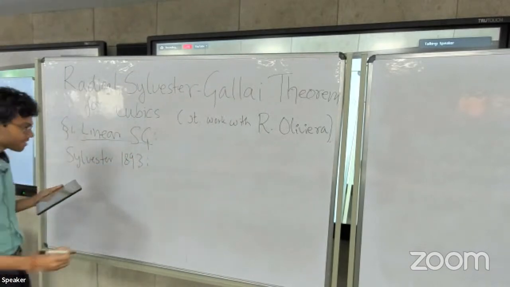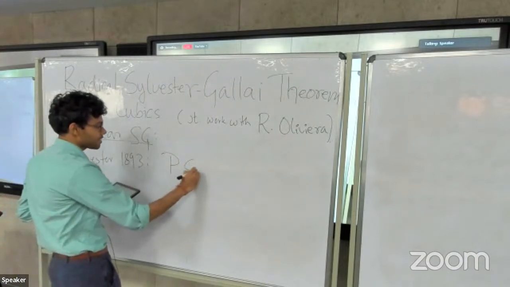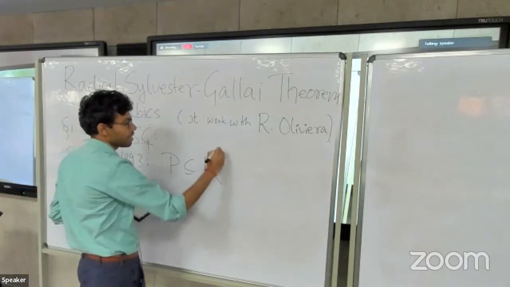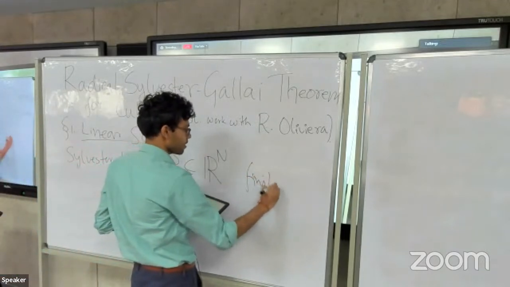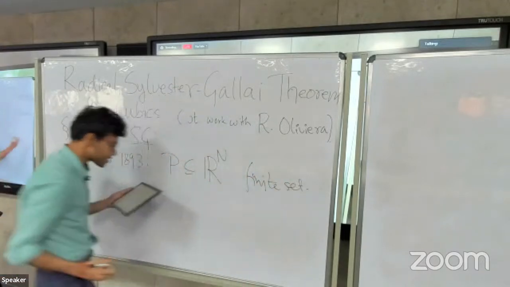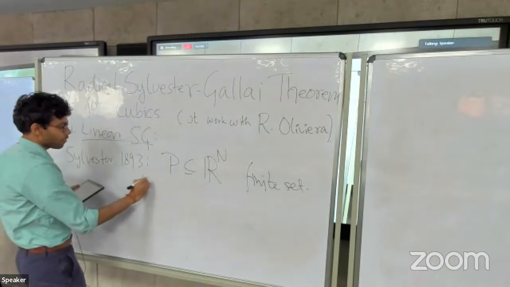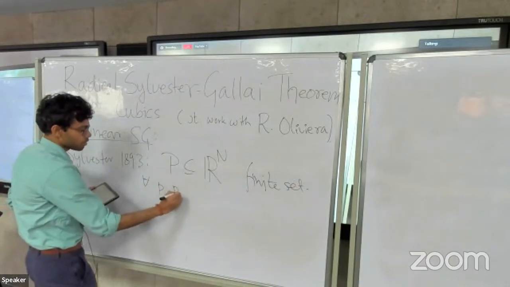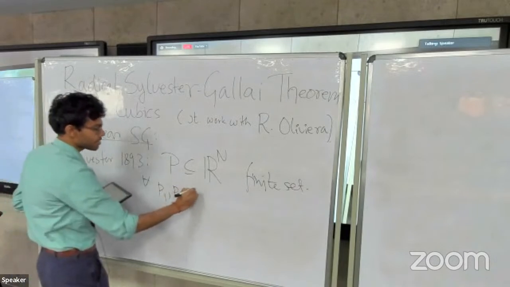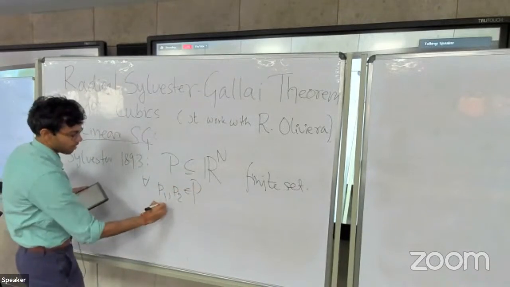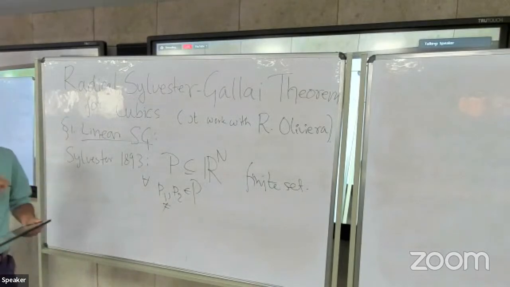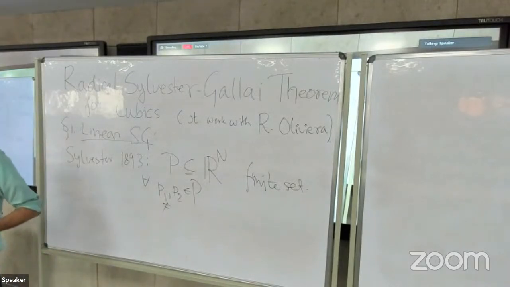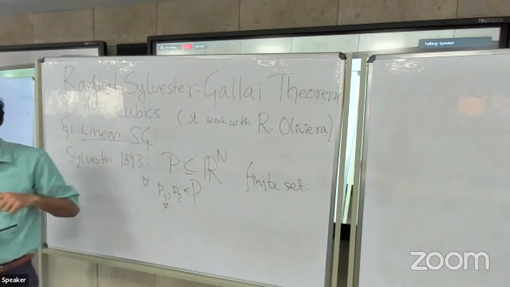Let's take a finite set of points inside R^n, with the property that if you choose two distinct points of your set and draw the line joining them, there will be a third point from your set on that line.